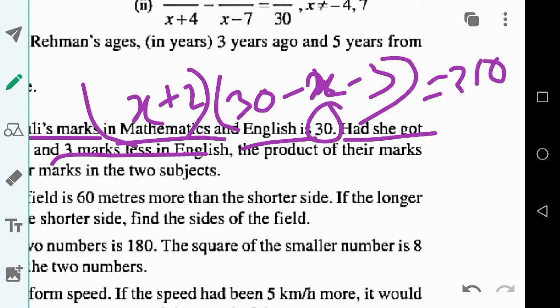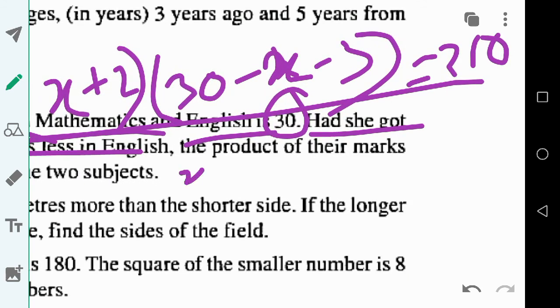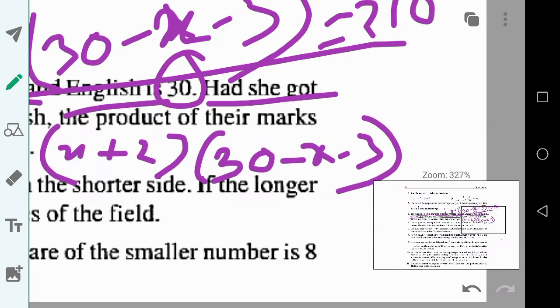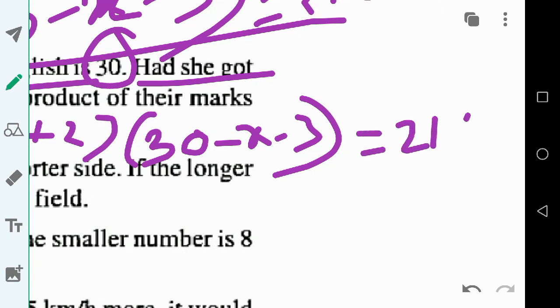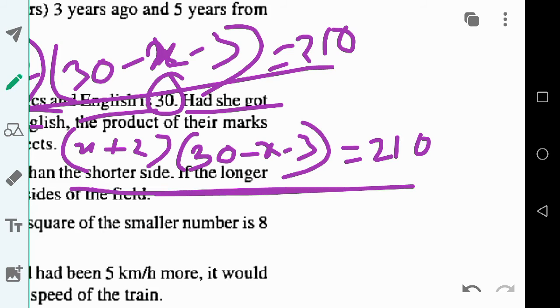Now solving this, what is the equation we have got? x plus 2 and 30 minus x minus 3, marks less in English, is equal to 210. Now let us solve this equation. From this equation we will obtain a quadratic equation, and solving that we will get the answer of this question. Let me show you how to solve this.